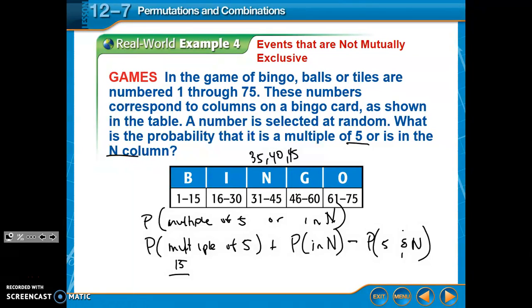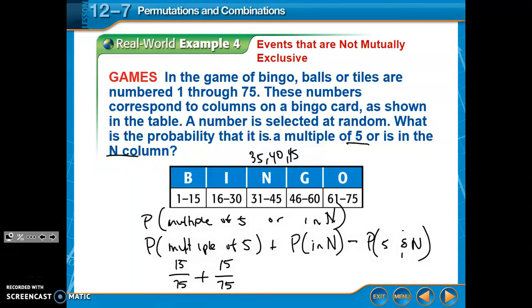So the probability of picking a multiple of 5 is 15 out of 75. Okay? And then I want to find the probability of being in N. So how many numbers are in N? So we have 31 through 45, which is also 15 numbers. So there's 15 out of 75 is a probability of being in N.